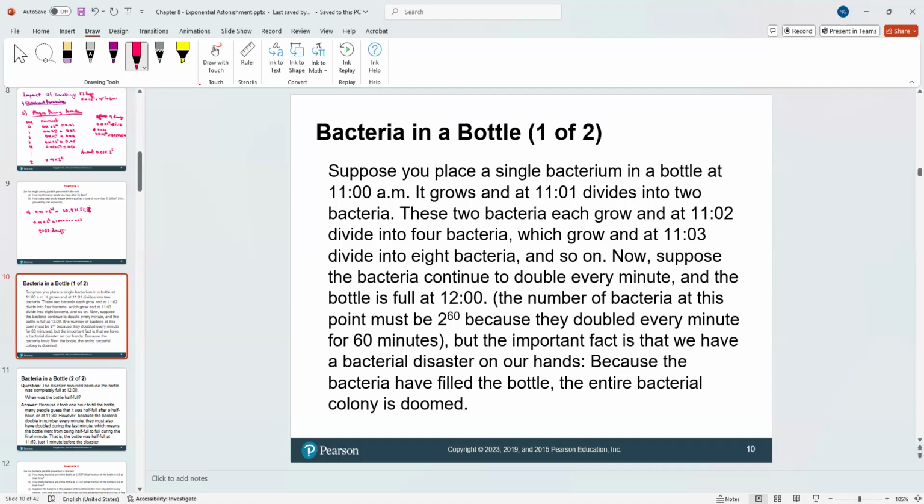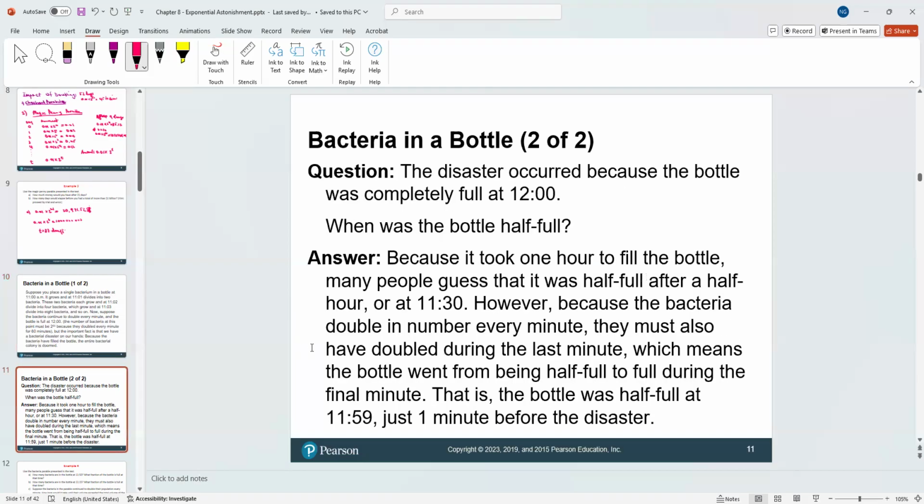Suppose the bacteria continue to double every minute and the bottle is full at 12 noon. The number of bacteria at this point must be 2 to the power 60, because they double every minute. But the important fact is that we have a bacterial disaster on our hands, because the bacteria have filled the bottle. The entire bacterial colony is doomed.